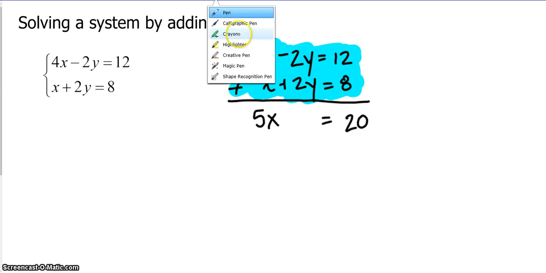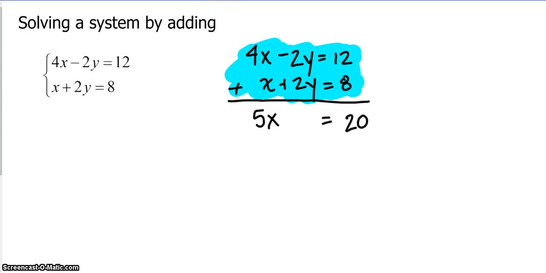Now we need to take the remaining equation, or the resulting equation, and I need to solve this equation for x. So I'm going to divide both sides by 5, and I get x equals 4.